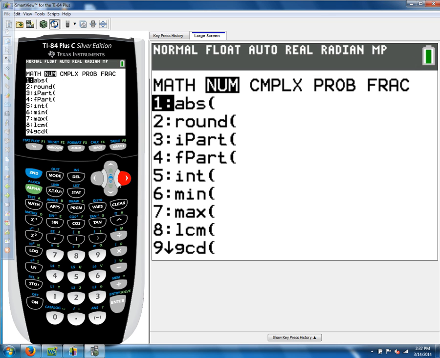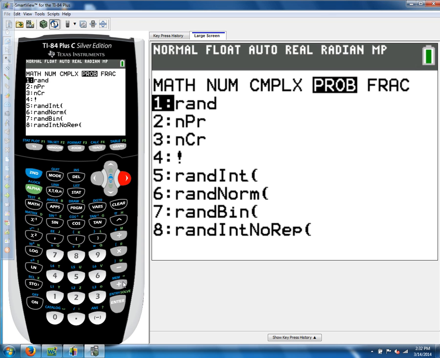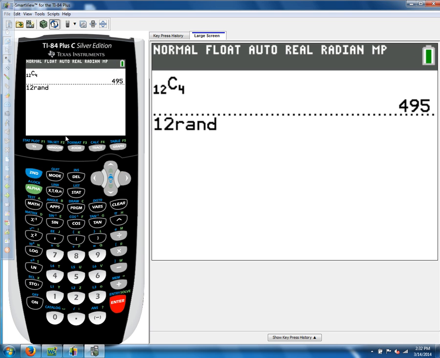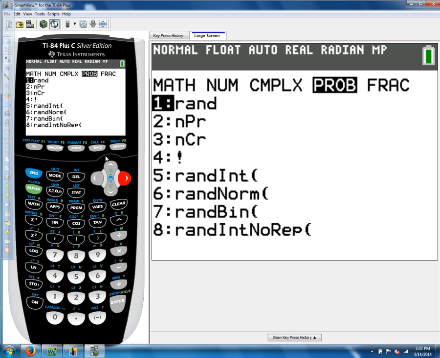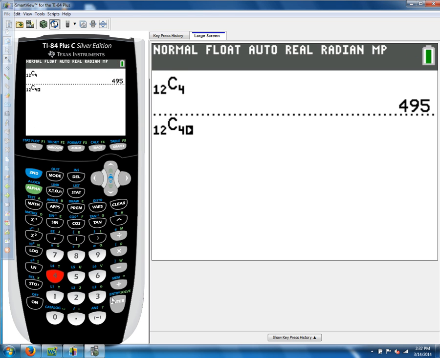Whoops. So I hit random. Let me go back, delete that. So I put the number in first, and then go over to 3, and then put the second number in.